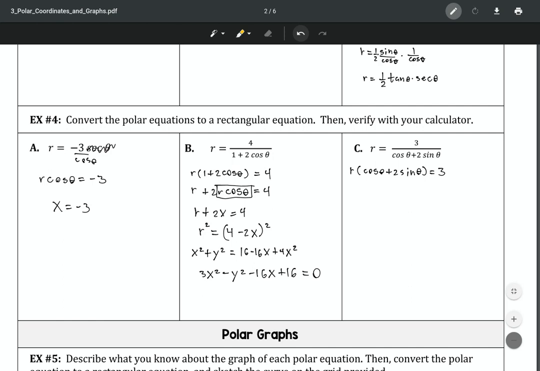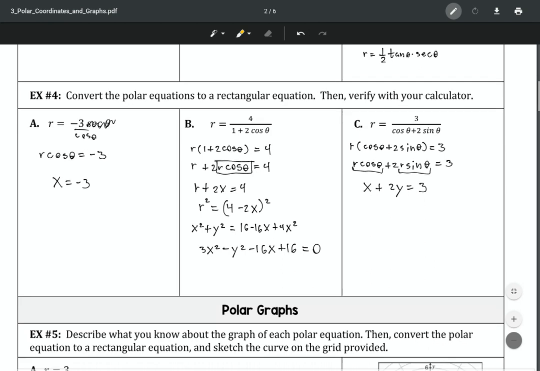And I went ahead and distributed the r. This one's not quite as terrible as the last one. And notice that on these, r cosine is x and r sine is y. So this is going to be x plus 2y is equal to 3. And that one you can solve for y if you want to, or you can leave it like that.